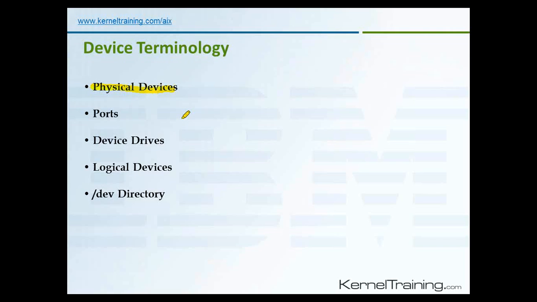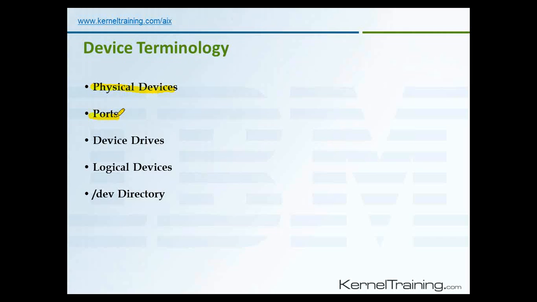All physical devices are connected to one port or another. For example, if I have a pen drive, I would connect it to a USB port. If it is a SCSI device, I would connect it to a SCSI port. Whatever device I have, I connect it to one port or another. Now what are these ports?